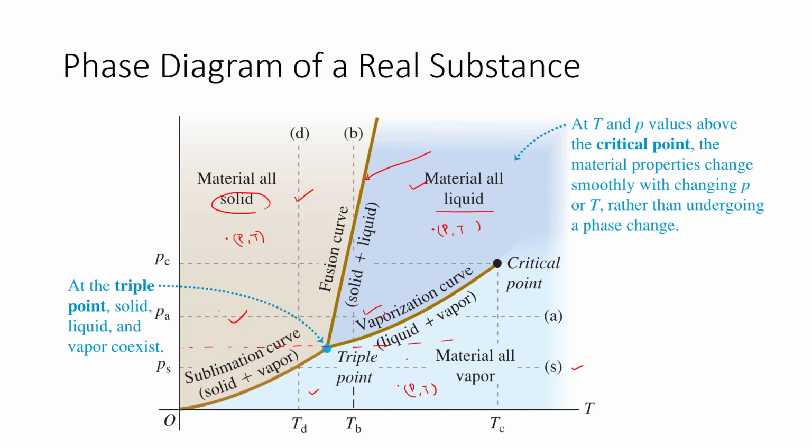So for example, the triple point pressure for carbon dioxide is 5.1 atmospheric pressure. So at normal atmospheric pressure, solid carbon dioxide undergoes sublimation. So there is no liquid phase at this pressure.